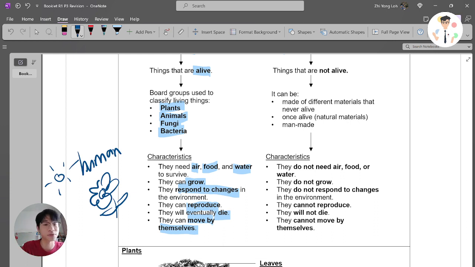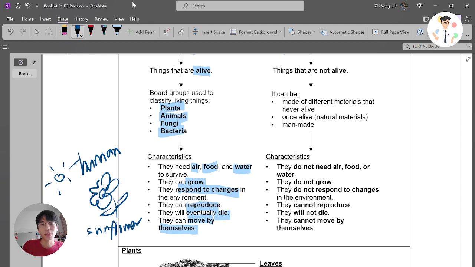Just an example is the sunflower. We know the sunflower moves towards the direction of the sunlight. But just note that plants do not move from place to place. Again, I repeat, plants do not move from place to place, but they can move by themselves.